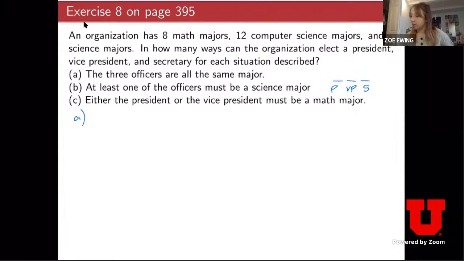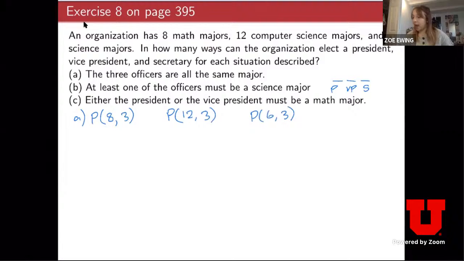We can either have all 3 officers be math majors, all 3 computer science, or all 3 science. So out of the 8 math majors, we want to choose 3. Or we could have 12 computer science majors and choose 3 of them. Or we could have 6 science majors and choose 3 of them.